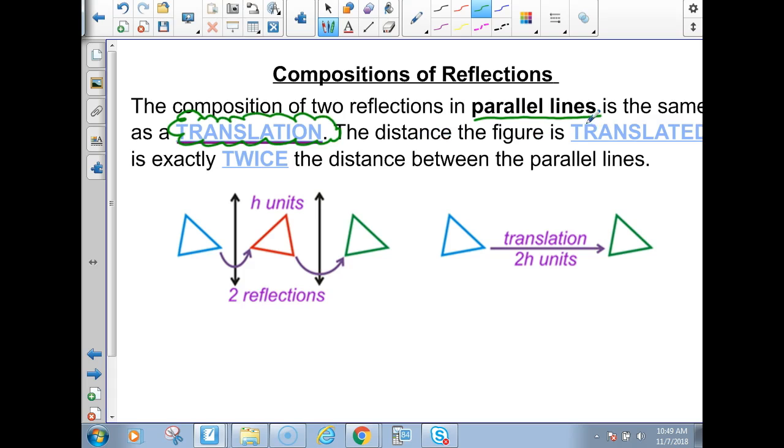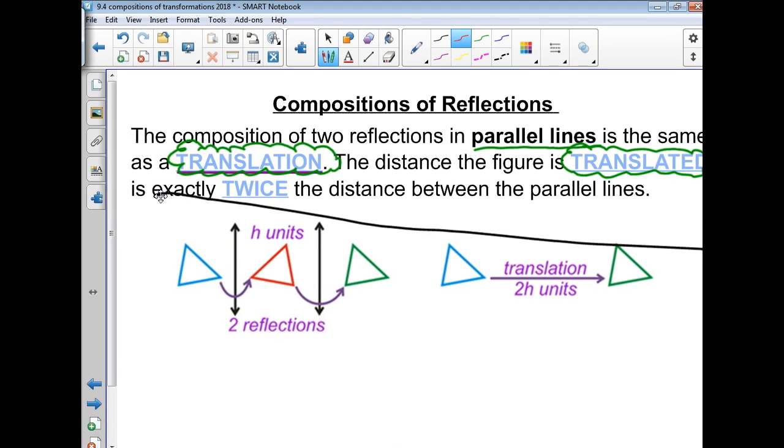The distance the figure is translated is exactly twice the distance between the parallel lines.